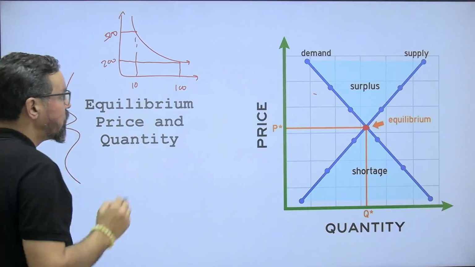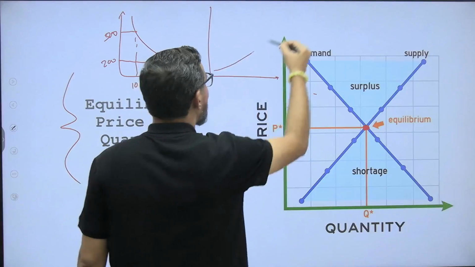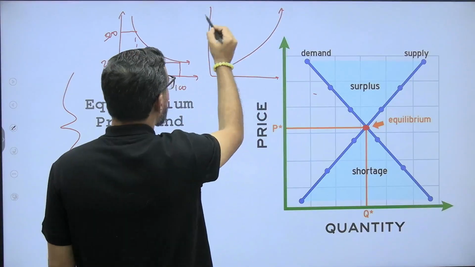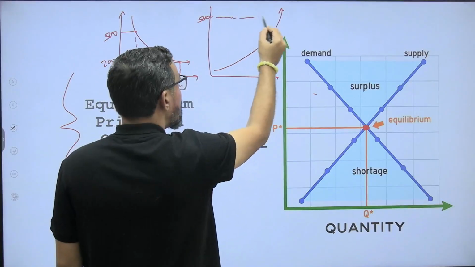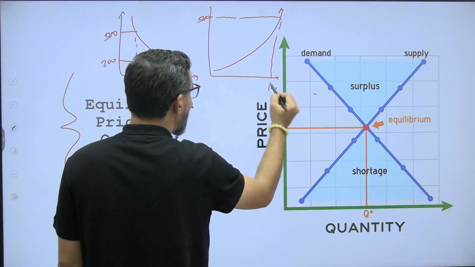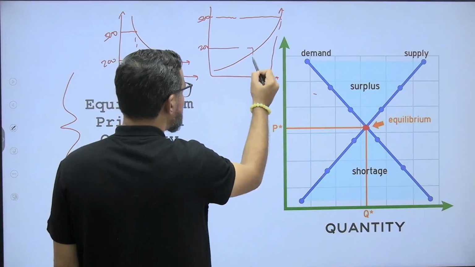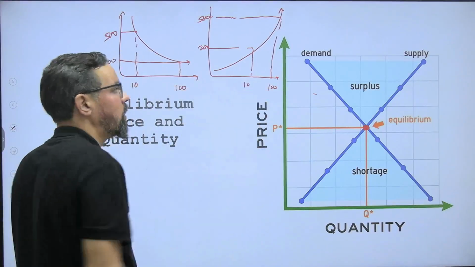Now the supply curve moves rightward and upward. If you want to sell your product at 500, you want to sell more at this point. Let's say you want to sell 100 here, and at 200 there are customers who want to buy 10 or some other quantity.